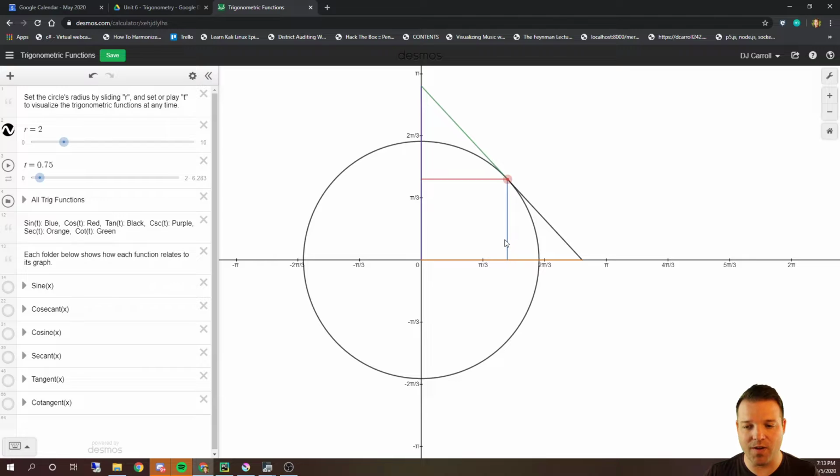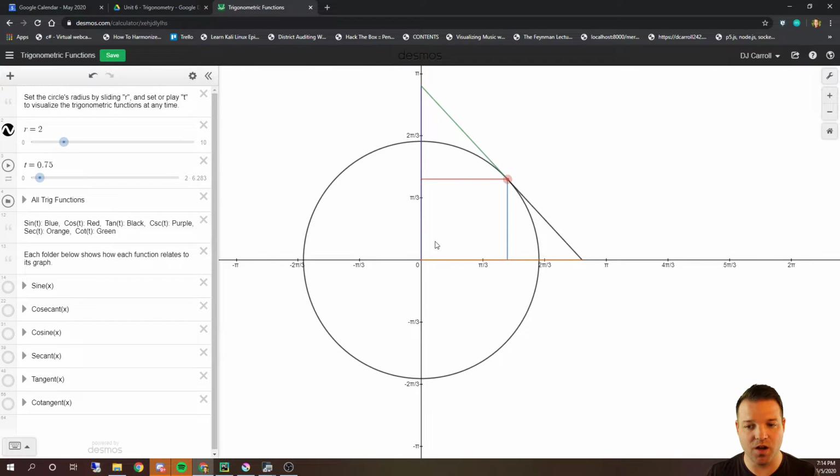Oh, by the way, the x value is the cosine. The y value is this height right here, which is going to be the sine. And that's why this xy value is the cosine of theta, comma, sine of theta. But then we have a lot of other measurements as well. For example, this black line or segment right here is going to be the tangent.